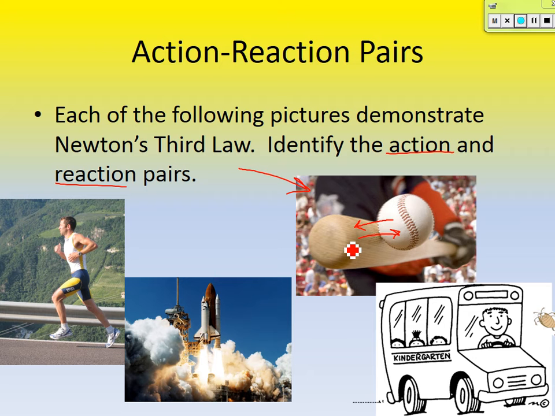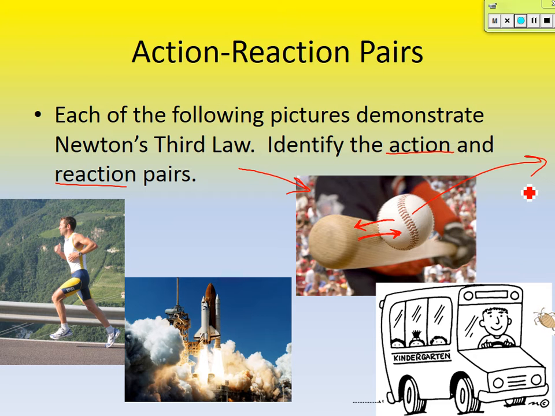So that's what everyone thinks, is that this bat is somehow putting more force on the ball than the ball is on the bat, because the ball goes farther, right? But here's how you think about it. The bat is going to hit the ball and it's going to have a force there. Well, the ball has to have the same amount of force on the bat. But why does the ball travel so much farther?